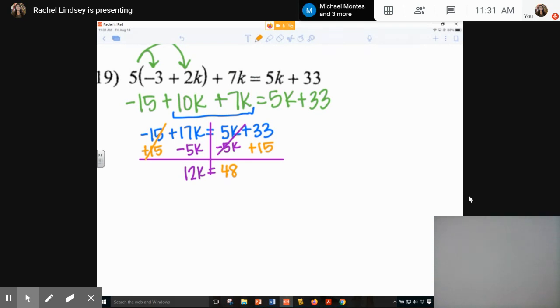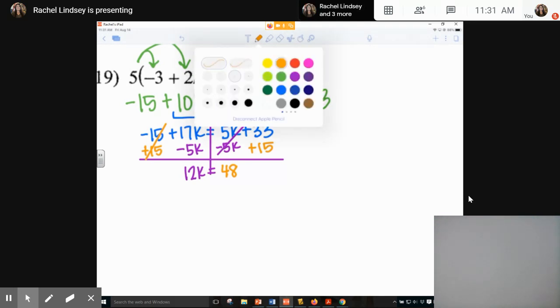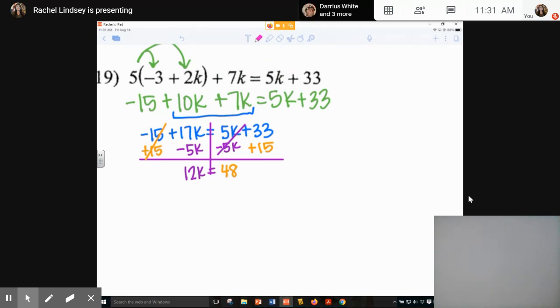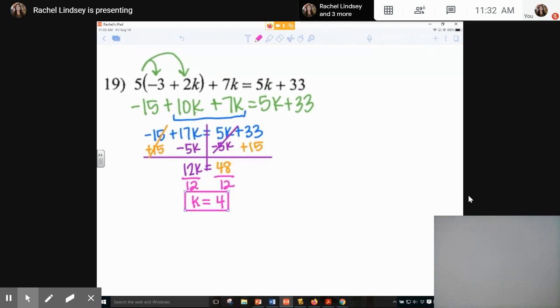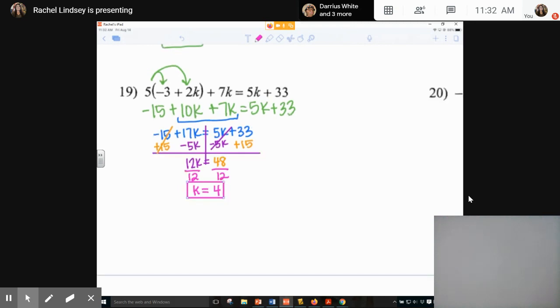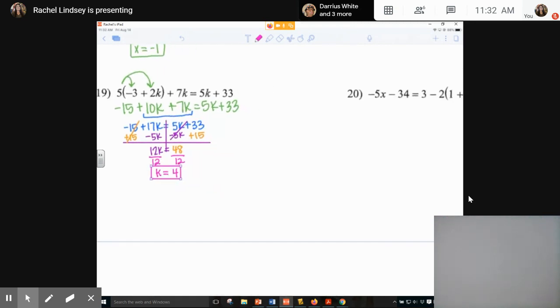But most of the time when I'm teaching, this is how I'll write it. And then my last step is to divide by 12. And I'll get k equals... anybody got that one? 4. Okay. And then if you want to do 19 on your own, it does equal 5.